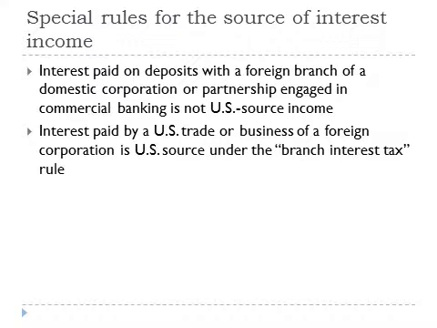Although interest paid by a foreign corporation is ordinarily not U.S. source, interest paid by a U.S. trade or business of a foreign corporation is U.S. source under the branch interest tax rule. This rule is discussed in the lecture on the branch profits tax.